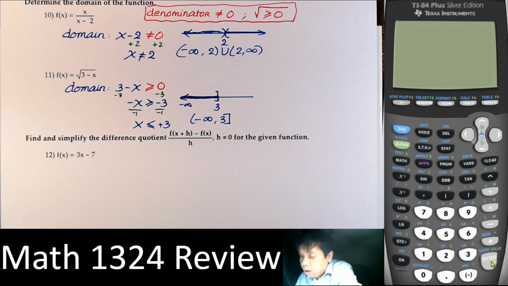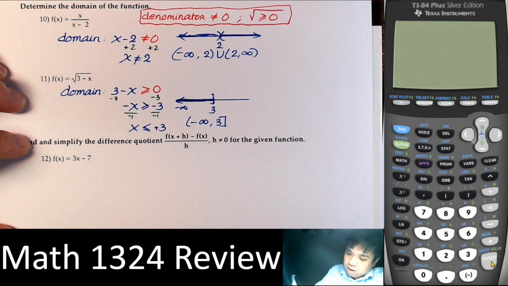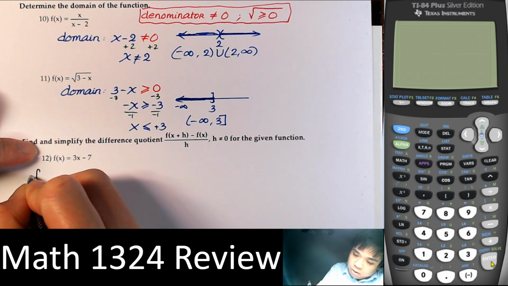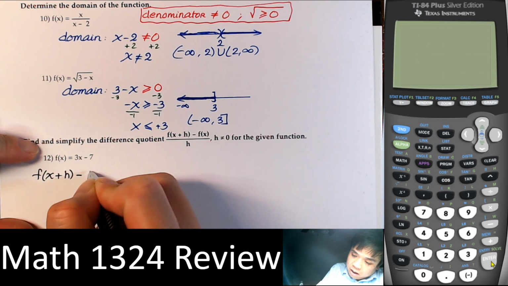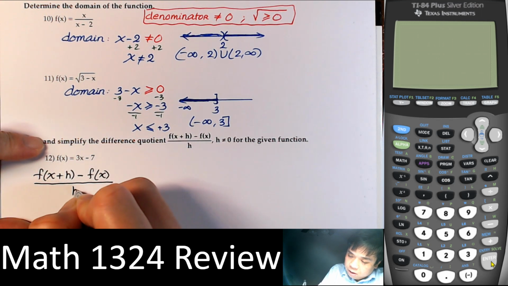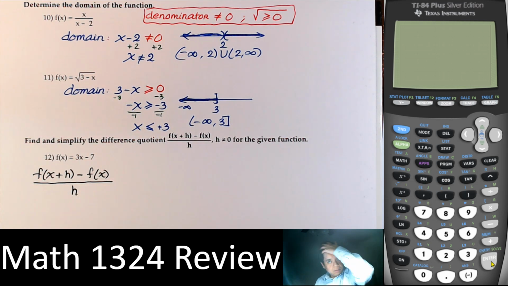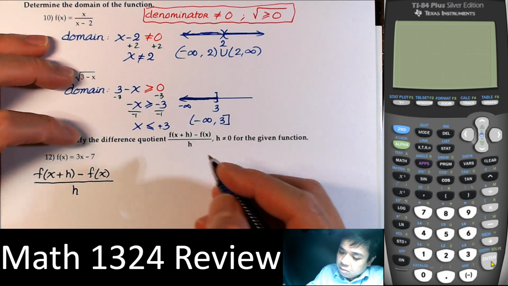Right. Times 10. Right, so this is a different quotient. The formula: f of x plus h minus f of x, all that over h. So first, f of x plus h.